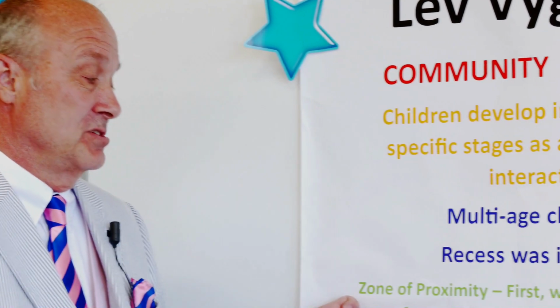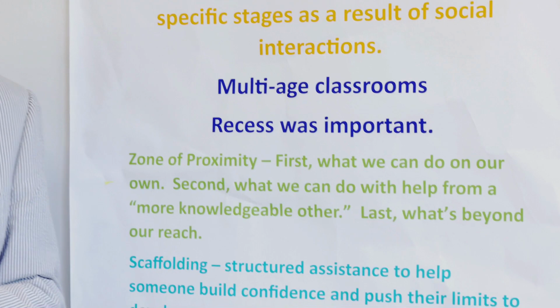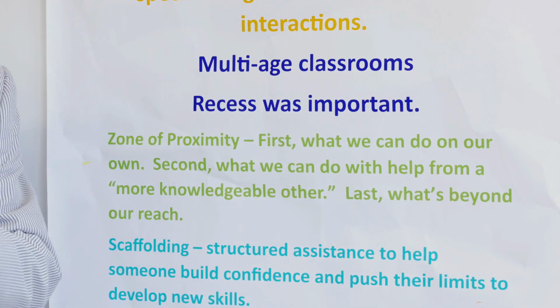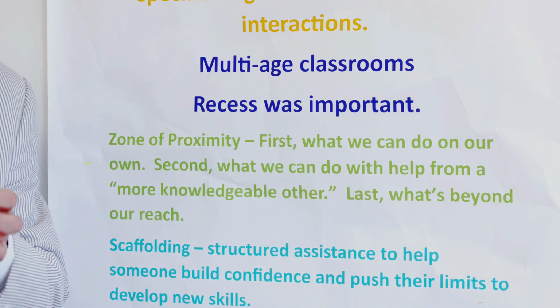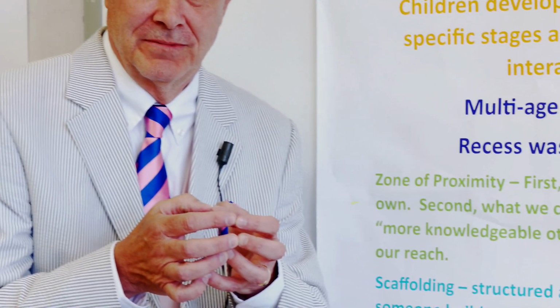He believed in zone of proximity. This, if you envision a circle or a dartboard, the very center is what a child can do by his or herself without any help.